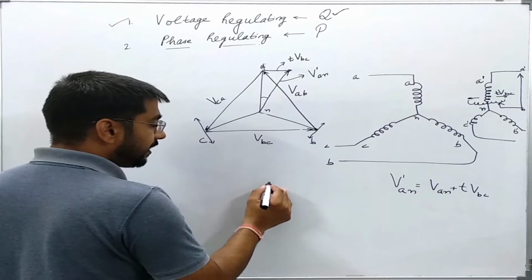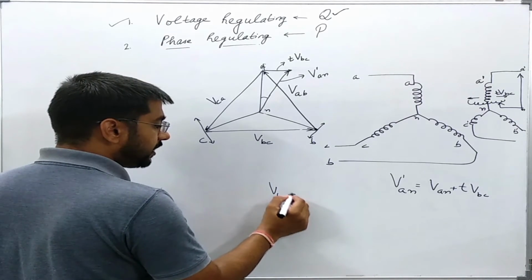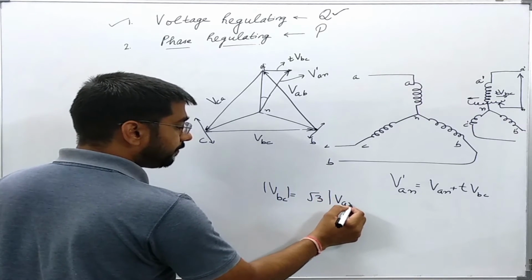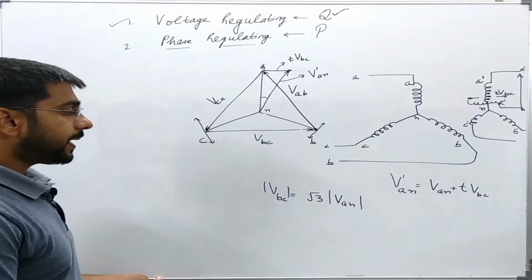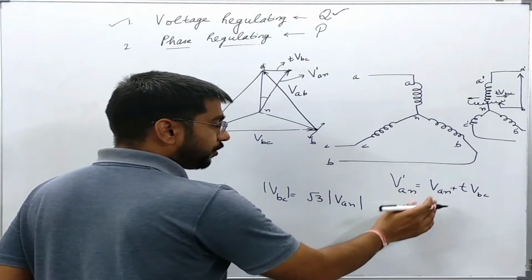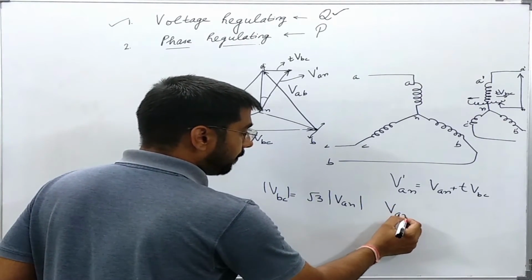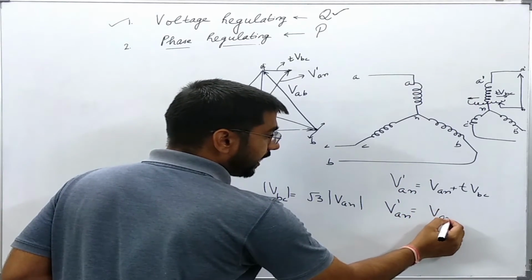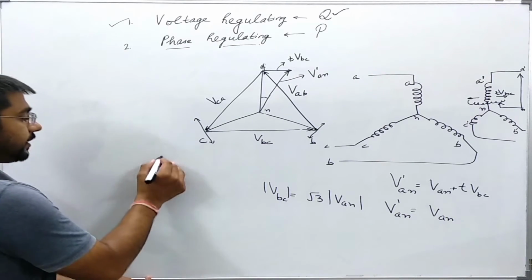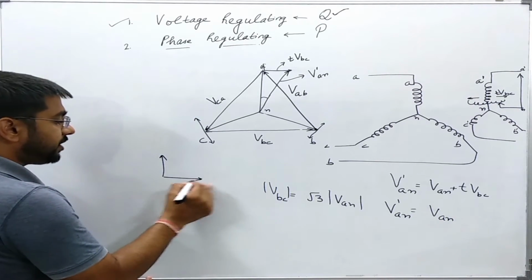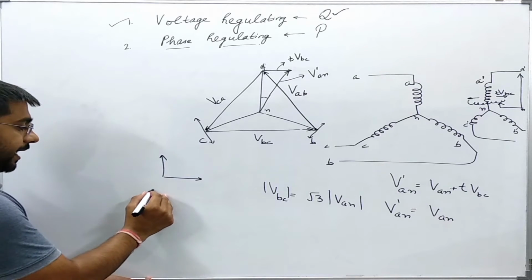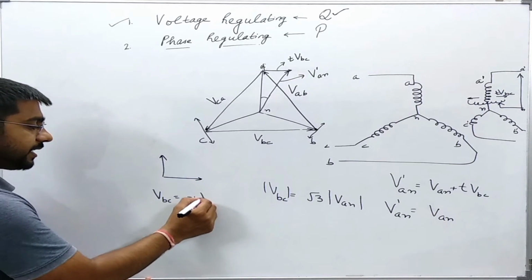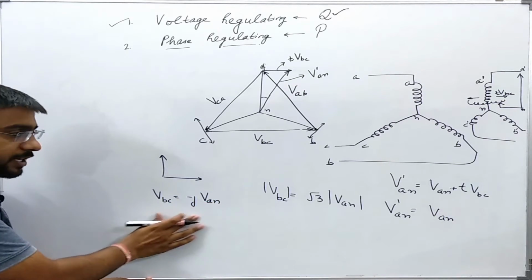Now we know that in terms of magnitude VBC is root 3 times VAN. Okay, so I will substitute these things. VAN prime, this is a phasor quantity, is equal to VAN plus T VBC. Now this is VAN, this is VBC. So I can write that VBC in terms of phase is minus j times VAN in terms of phase only.